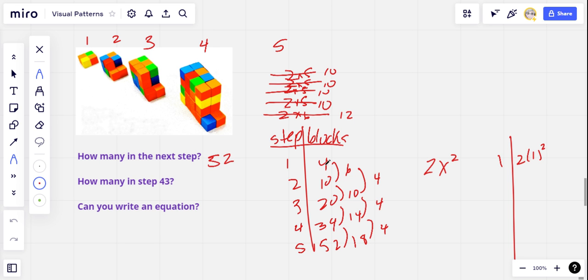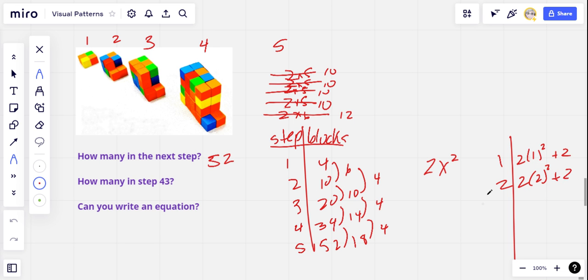That would add up to 2. So I would need 2 more. So I'm just going to write that as a plus 2 for now. And we'll see what the plus is in each step and see if that is the same or relates to the step number or what it is. In step 2, that would be 2 times 2 squared. Let's see, 2 squared would be 4 times 2 is 8. I'm going for 10. Oh, so that would just be plus 2 again.